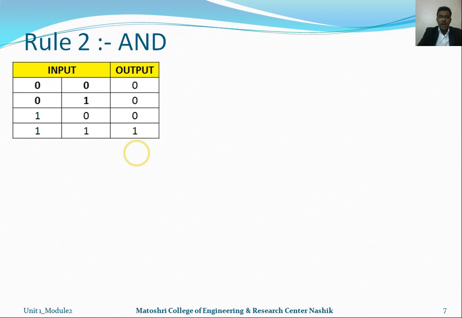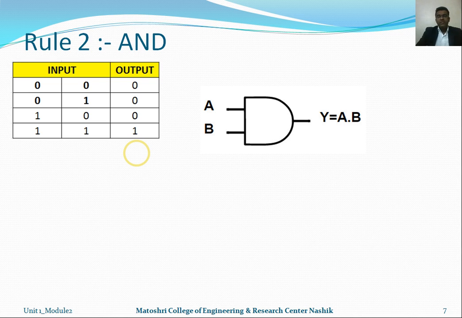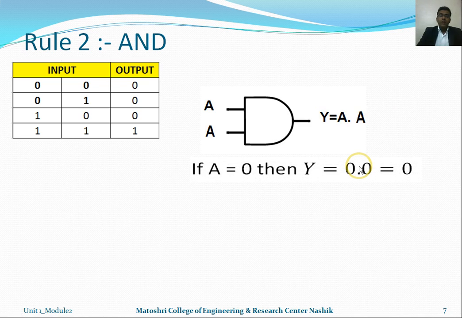So that is the logic of the AND logic gate, and it can be symbolized like that. We have already studied this in module 1. Here, if we replace the input B with A, meaning we give both inputs the same value, then the output Y is A ANDed with A. If A becomes 0, what is the value of Y?